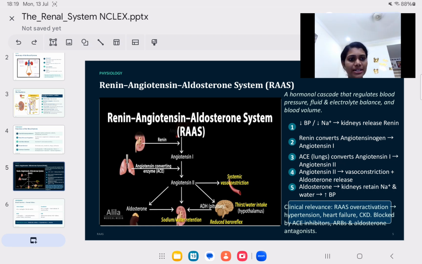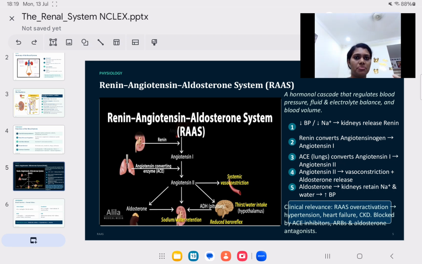This vasoconstriction will increase the blood pressure. Angiotensin 2 also stimulates aldosterone, and then sodium and water will be retained. This is how the BP and the sodium are increased.